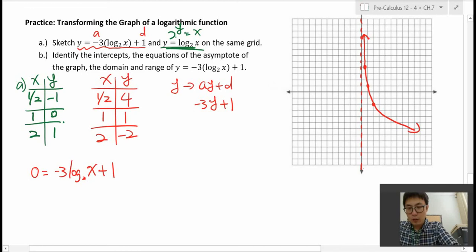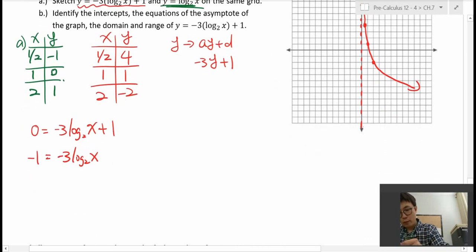And now from here, I can solve for x. So I'm gonna move 1 to the left, so that's negative 1 equals negative 3 log base 2 of x. Divided by negative 3 on both sides, you get 1/3 is equal to log base 2 of x. Finally, we can solve for x by changing this back to the exponential form. So this in the exponential form is 2 to the power of 1/3 is equal to x.